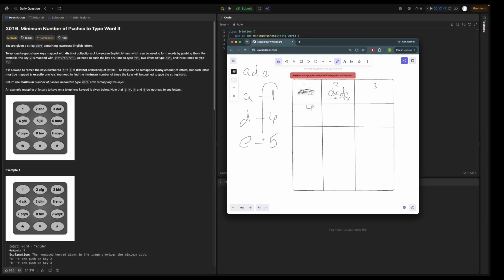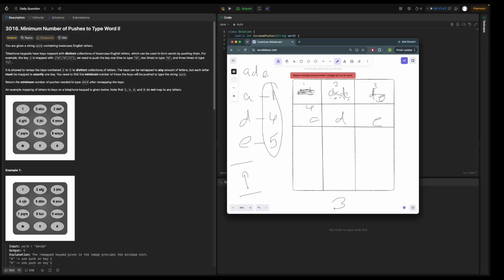So total would be 9 times. Okay, that is one possibility, but let's assume we had AB here or ABC here, D and E here, or everything is separate: A, B, C, D, E. So I press A one time, D one time, E one time. So the minimum number would be 3.